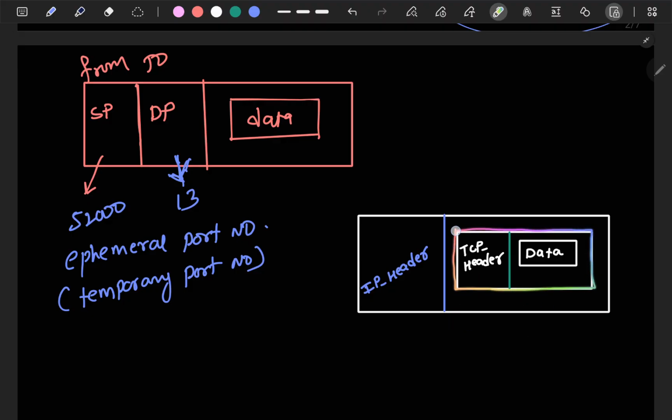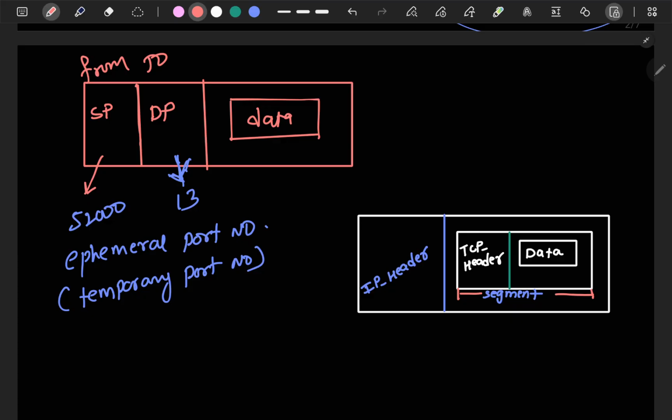This entire part we are calling a segment. Remember this part: the data with the TCP header is entirely called a segment.